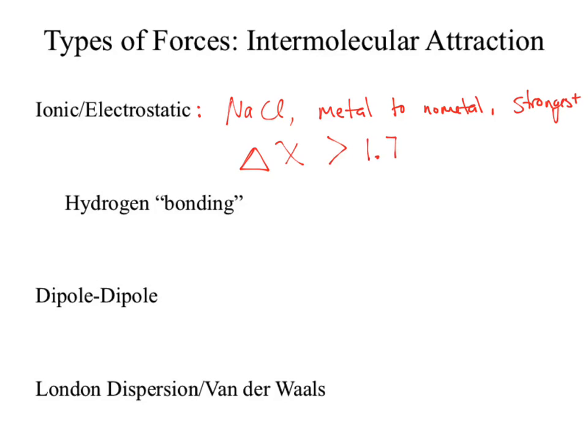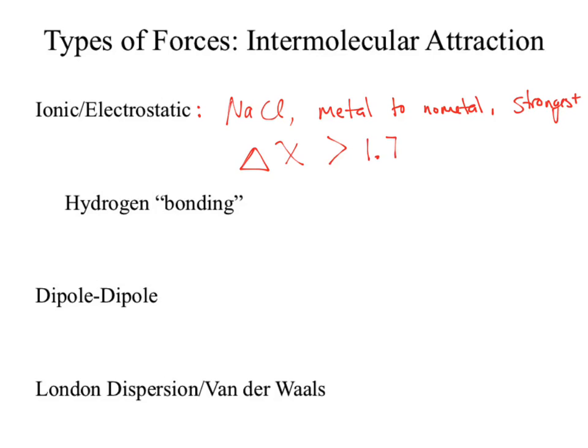Where are our metals? The lower left-hand corner, which happens to be the least electronegative. So when we bond metals to nonmetals, we are typically seeing a drastic difference in electronegativity. So as a general rule, we could use metal to nonmetal to help us classify ionic compounds. Officially, it comes down to the difference in electronegativity.